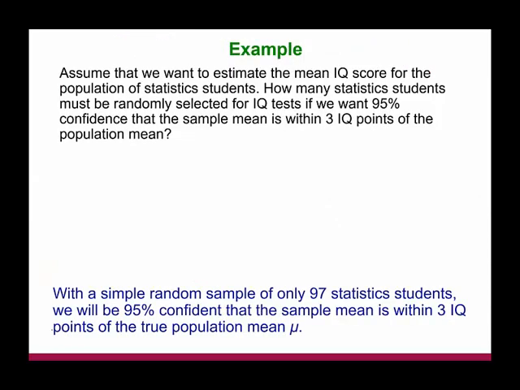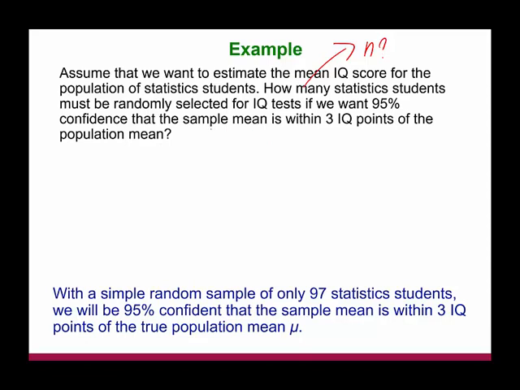Assuming we want to estimate the mean IQ score for the population of statistics students. How many statistics students? This question is how many, meaning we're looking for sample size n. Statistics students could be randomly selected for IQ score if you want 95% confidence that the sample mean is within 3 IQ points of the population mean.